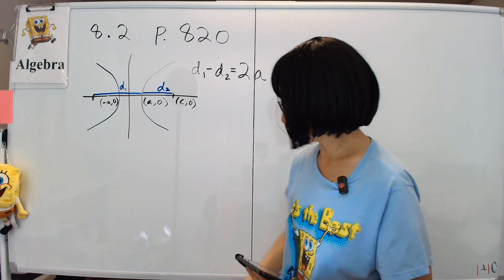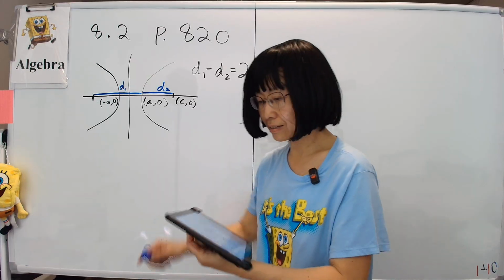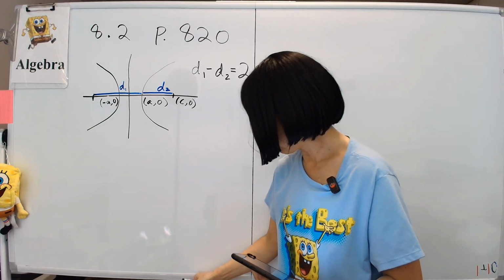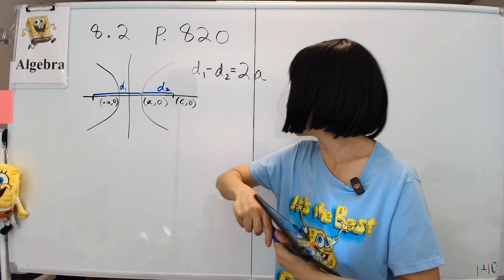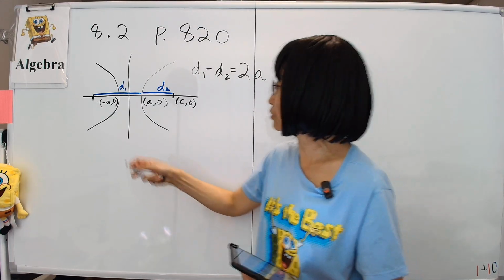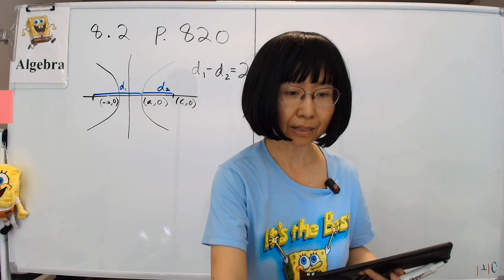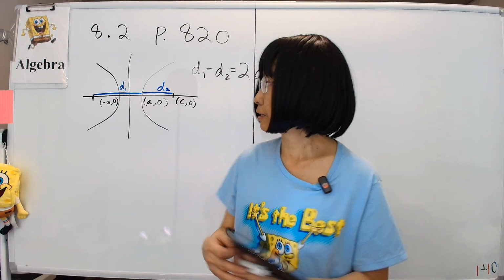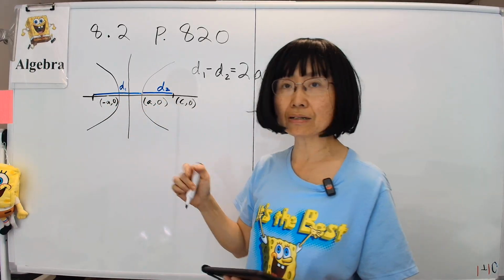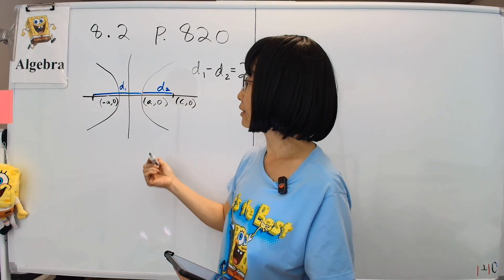So I have a hyperbola drawn here. It's much poorer than the picture in the book, but it will help me explain this a little better. We're going to figure out what d1 minus d2 is. The hyperbola is defined as d1 minus d2 equals some constant. And what might the constant be?